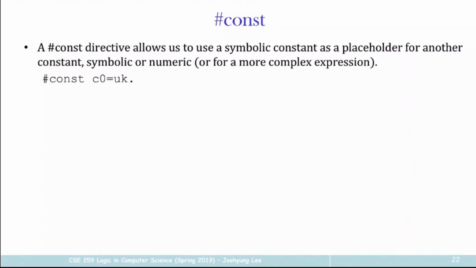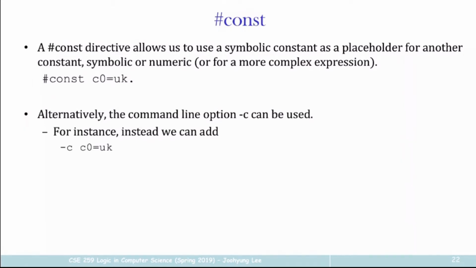The advantage of this representation is if you want to change the standard to another country, you just need to change it here, C0 equals US. Then you don't have to go through the other currencies of the countries. Changing C0 to another country will replace all possible occurrences.